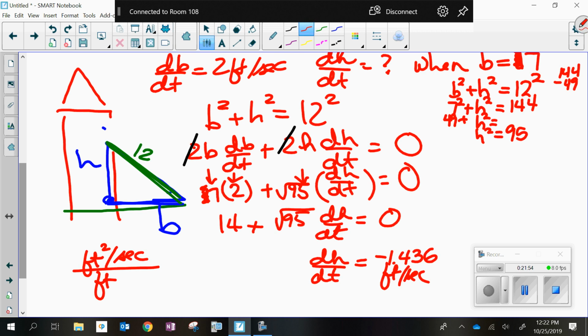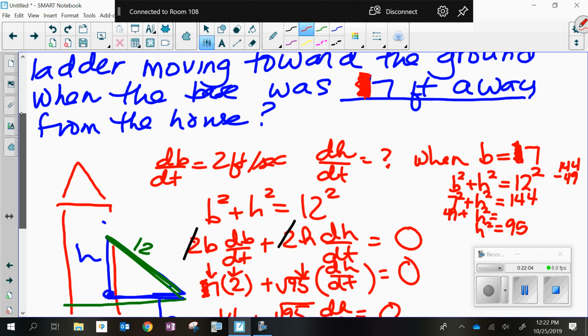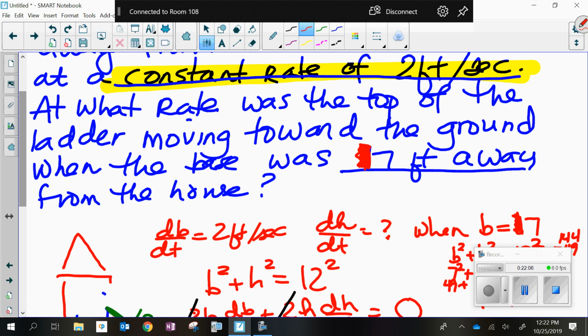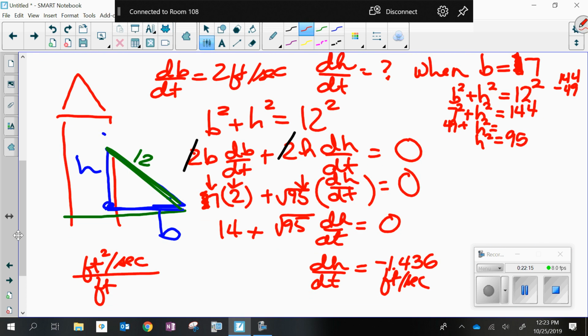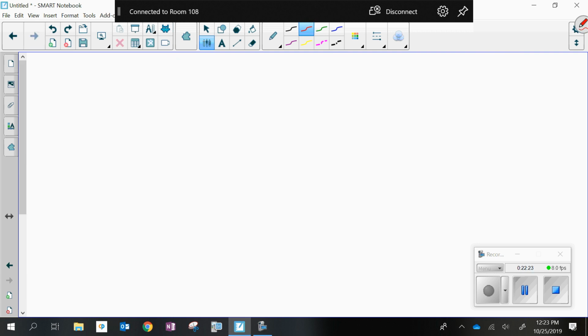If it says it's getting smaller, you better call it a negative rate from the beginning. And sometimes they'll do this too. They'll say, at what rate was the top of the ladder moving toward the ground? So they might call it a negative. They also will say it's moving 1.436 away from the ground. And then they might not always call it negative.